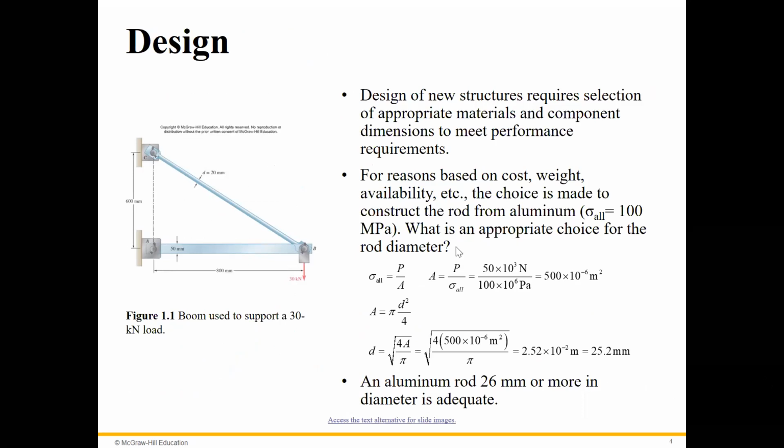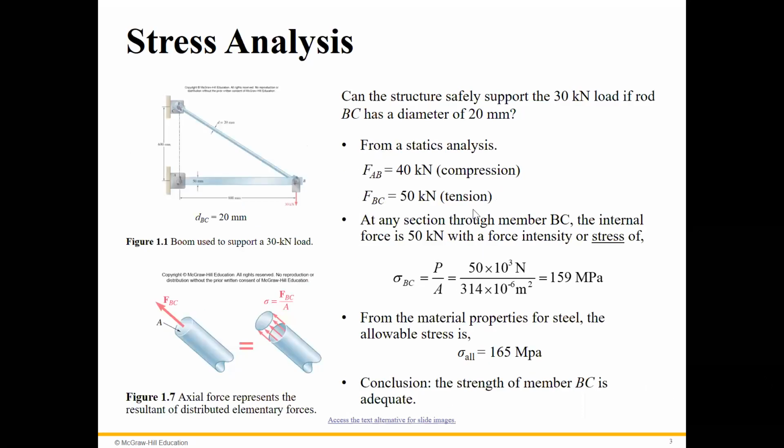Okay, let's go back to the previous one. Look at this case. Sometimes we already have the structure, right? For example, we already have this truss. We can use the P or F, it doesn't matter.